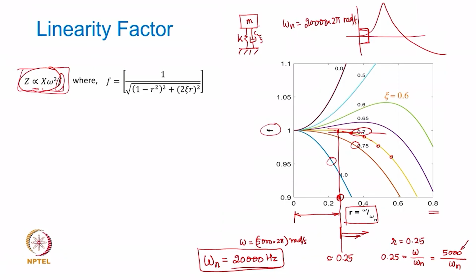In fact, some of the sensors are going to have natural frequency 30 kilohertz and 40 kilohertz or so, that means 30,000 and 40,000 of that order. Okay. Then their measurement range can be more than 20 kilohertz, 25 kilohertz. Sometimes you do have requirement that the frequency of interest for measurement can be 10 kilohertz or 15 or so.